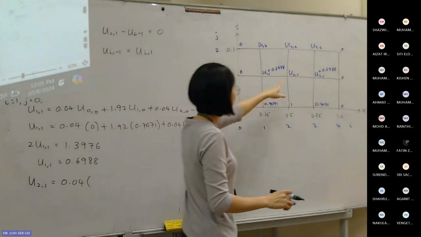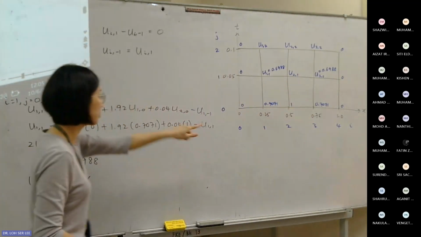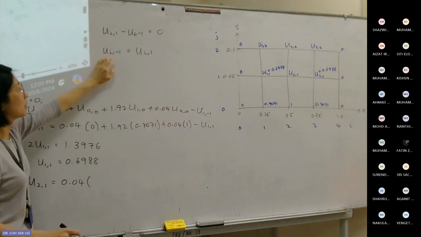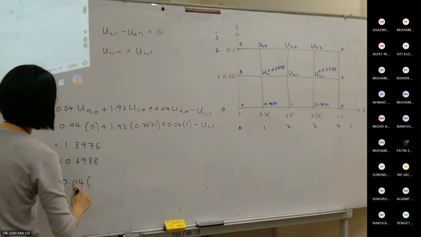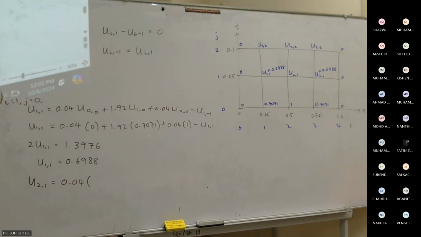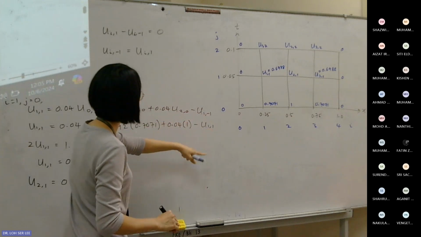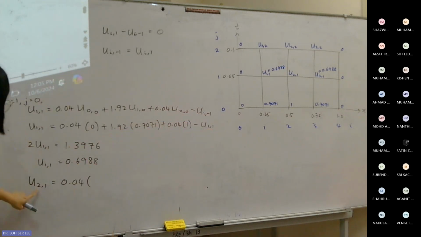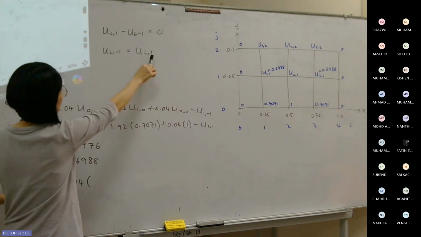Okay, to get the U21, we also need to find the last point underneath. It's not provided, but you have to get it from this second formula. The last one, because your I is 2, so you have U21.